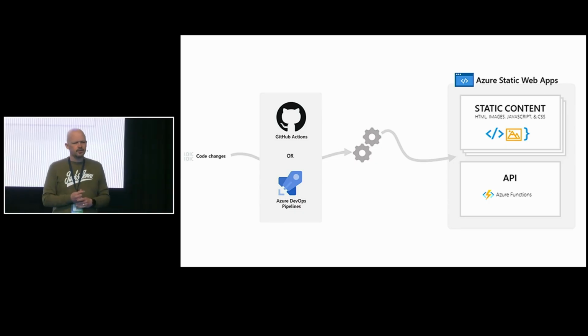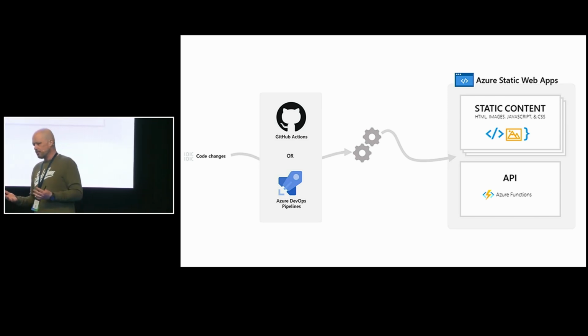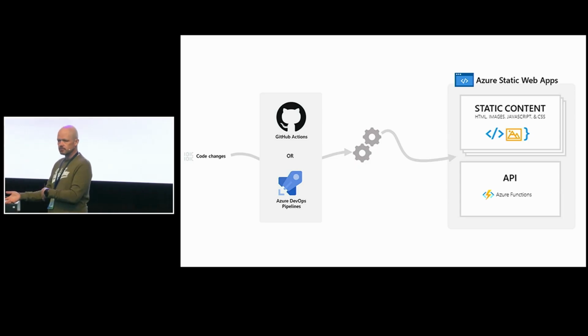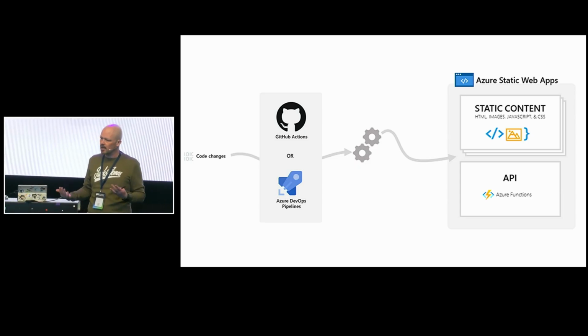If you look at those Azure Functions, by default, they are included in Static Web Apps, but that also means that they only support HTTP-triggered functions, because it's web, so it's going to be an API.